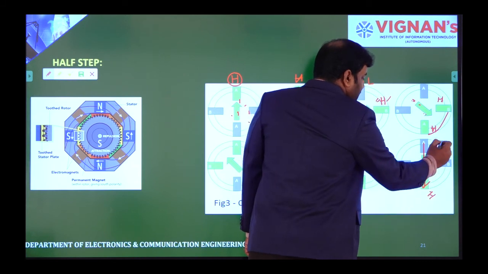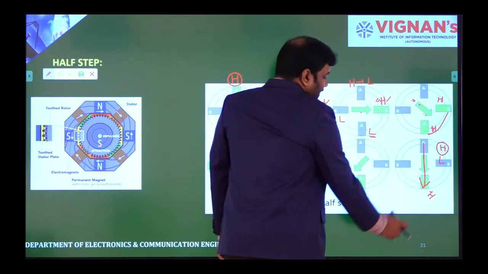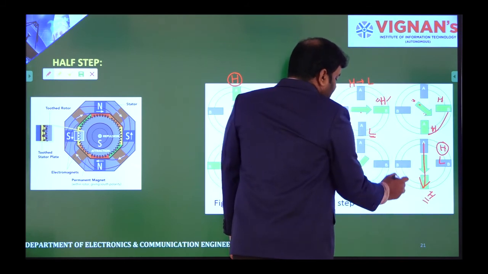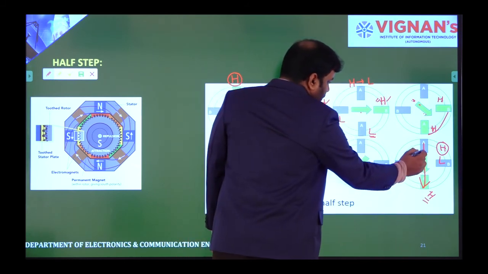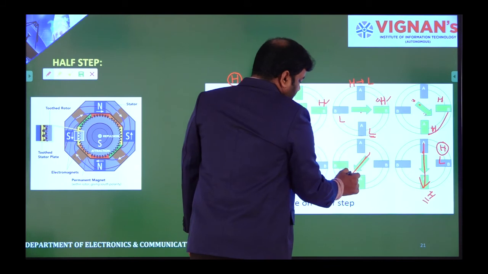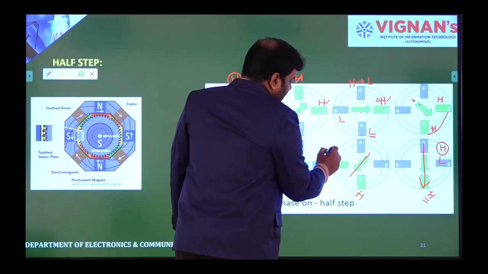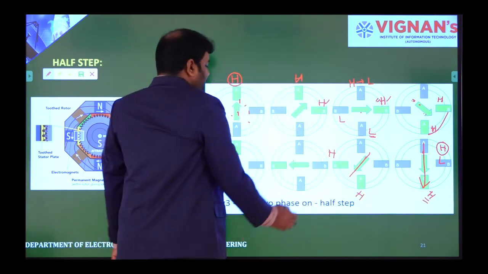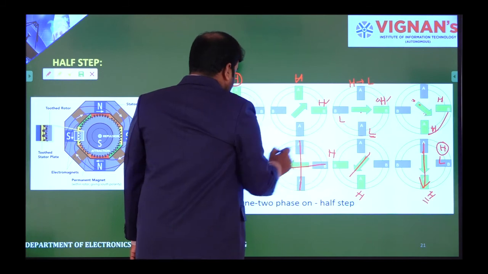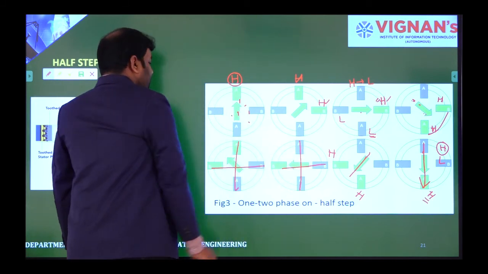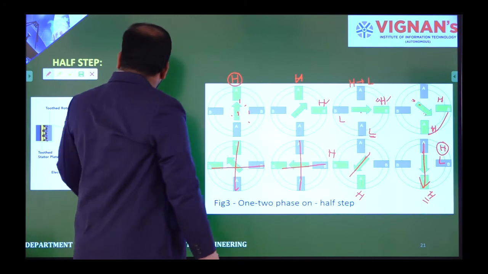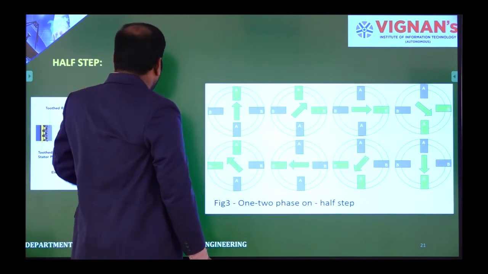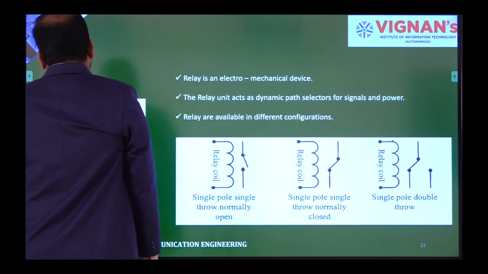Now I would like to change this one to low. I'll keep this high as it is, and then obviously it will try to get into this direction, and then I'll make this one high. If I keep changing in all directions, then it will come to the final position. This is what half step is.